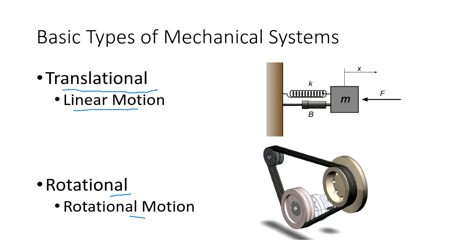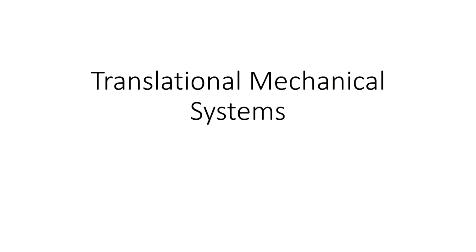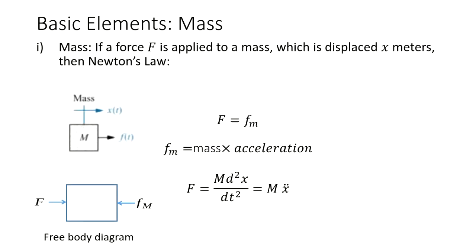So we'll start with translational mechanical systems. In these systems, the main things are going to be mass, spring, and damper. So the basic elements, we'll start with the first, which is the mass.